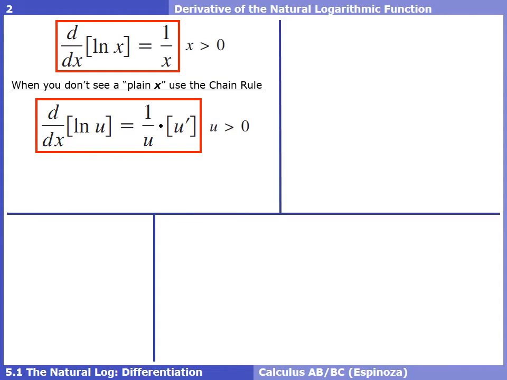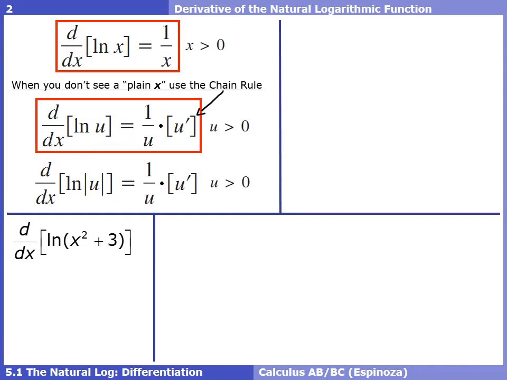But we have to multiply by the derivative of u because we're using the chain rule. That u prime is because we're using the chain rule. Just as a little side note, every once in a while, and it's super rare, you might run into a natural log with an absolute value on the inside. Luckily, as you can tell from this formula below, it changes nothing concerning the derivative.